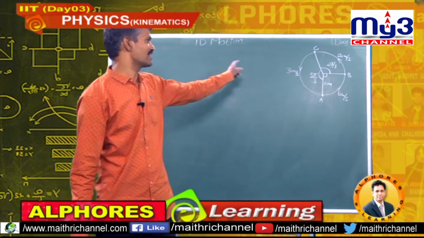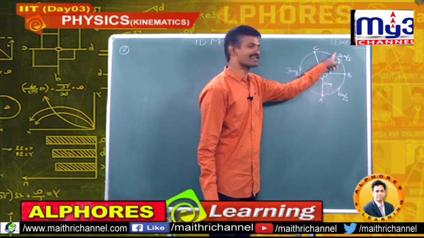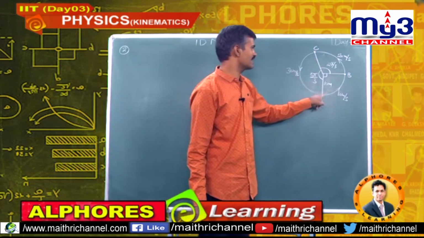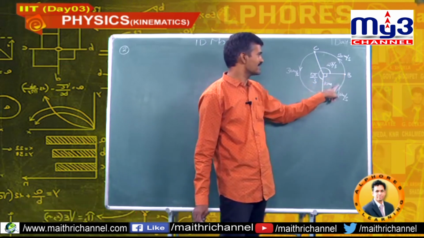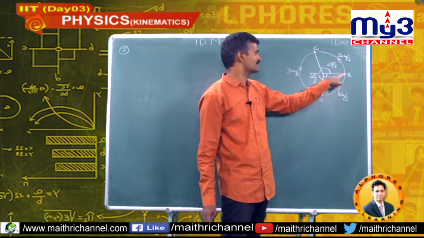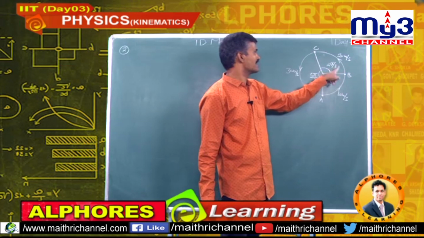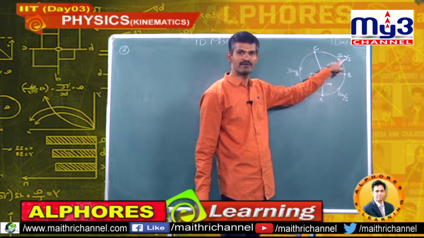Students, here I am considering one more example. A particle starts from A and moves in a circular path, reaching B with a speed of 10 meters per second. That journey covers an angle of 90 degrees at the center of the circle. After that, it covers an angle of 2 pi by 3 from B to C with a speed of 20 meters per second.